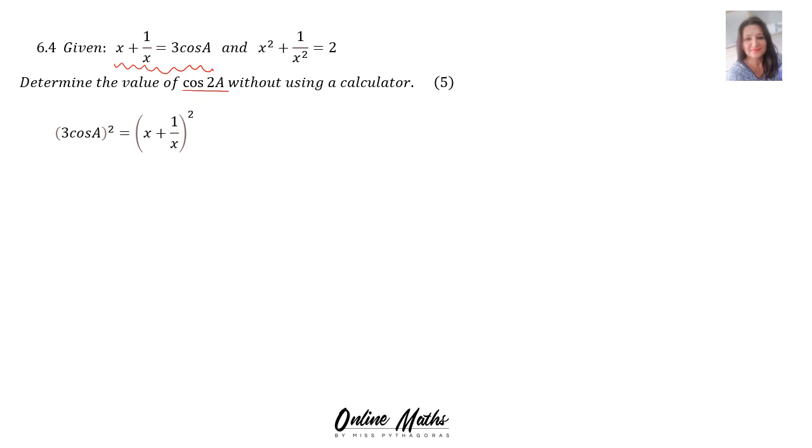And then on the left it becomes 9 cos squared a, and on the right-hand side it was (x plus 1 over x)(x plus 1 over x), and then you FOIL this out. So it's x times x is x squared, plus your middle term, 1 over x times x, and then your outer, 1 over x times x, plus 1 over x times 1 over x is 1 over x squared.